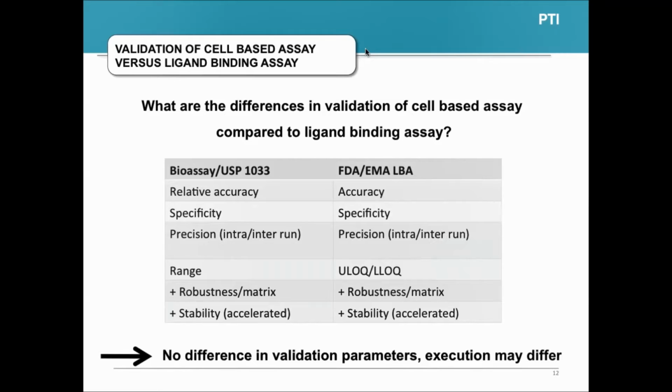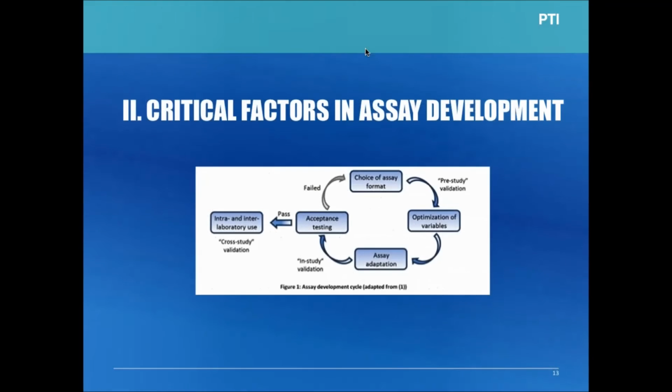But if you look at what is the difference, for example, between a cell-based assay and the ligand-binding assay, when you look at the parameters that you have to look at throughout the validation process, for example, specificity, precision, range, robustness, stability, or the accuracy, relative accuracy, there is no difference in the validation parameters, but the execution may be different between a ligand-binding assay and a cell-based assay. And these are aspects that will be discussed in the course at length, and then of course for both immunogenicity aspects, but then later on also of course for potency aspects.